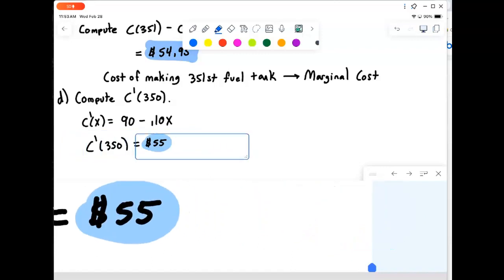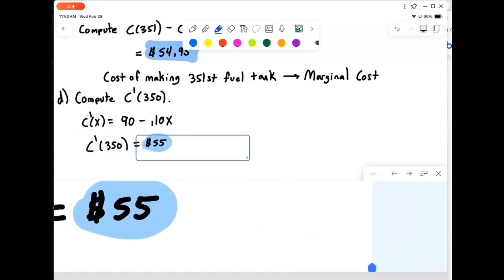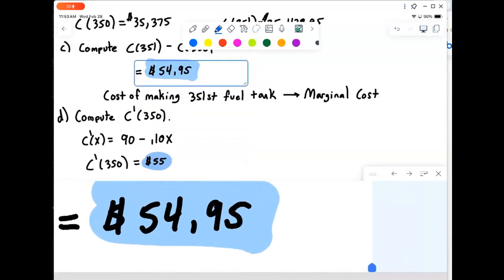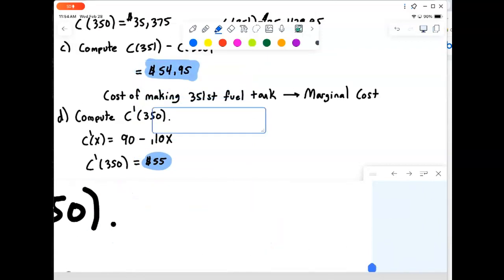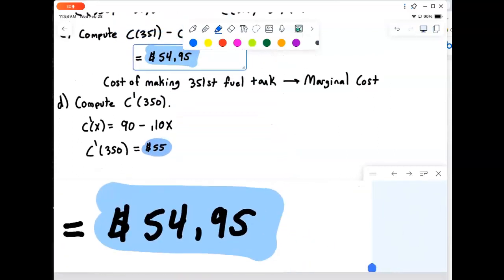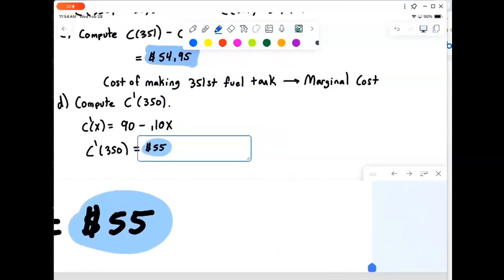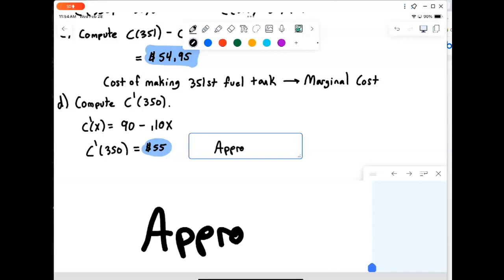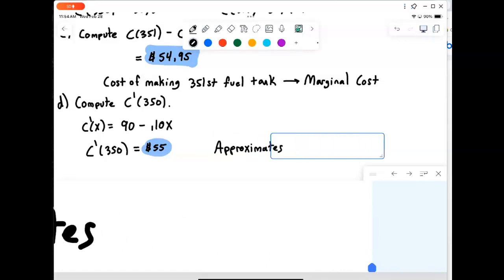That tells me the cost is increasing by $55 per unit produced, which is darn close to what we found as our marginal cost. The actual marginal cost is what we computed before, but we use the derivative to approximate it. It's off by only 5 cents, but it's something we can compute a whole lot quicker.